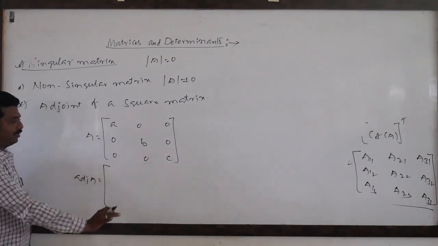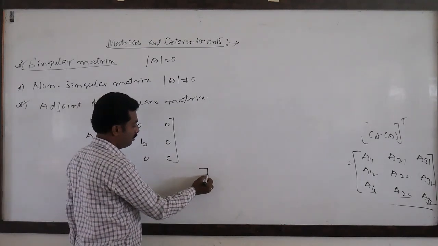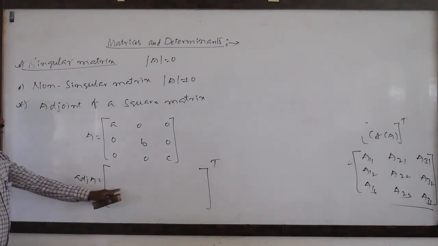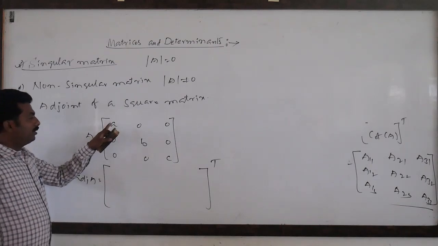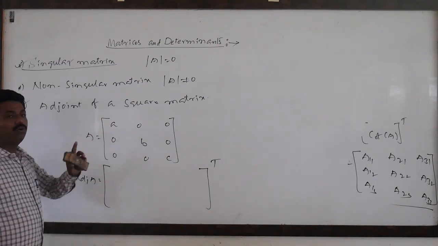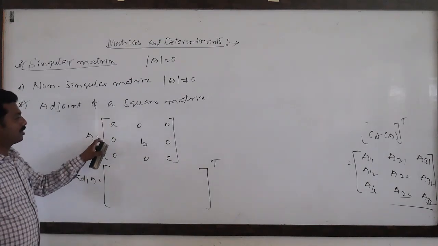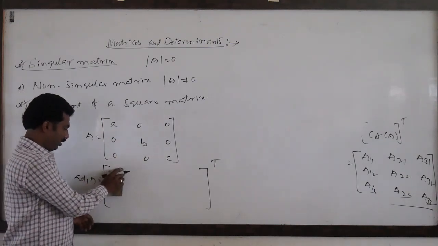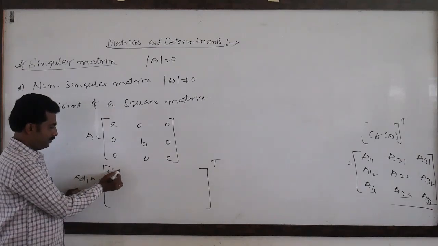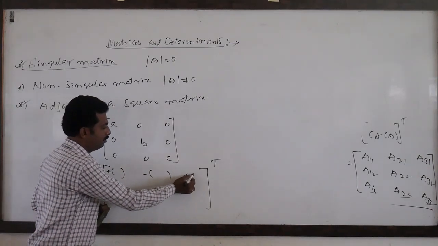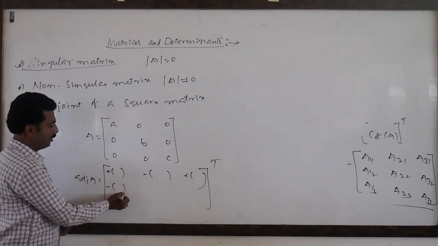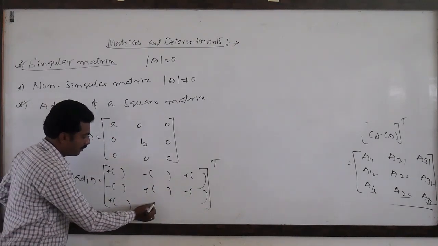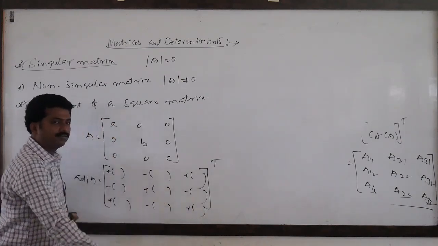What is the definition? Transpose of cofactors of elements. We have to calculate the cofactor of the first row first element. The sign pattern is plus minus plus, minus plus minus, plus minus plus.